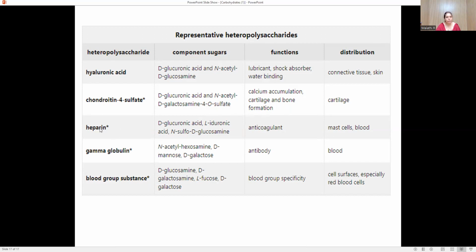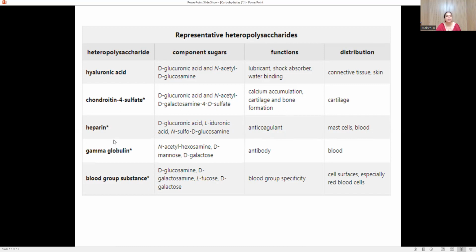And the third heteropolysaccharide is heparin, which is composed of D-glucuronic acid, L-iduronic acid, and L-sulfo-D-glucosamine. So these are the three monosaccharide units present in the structure of heparin. Of course, it will be present in blood as well as in the mast cell, and this will be used as an anticoagulant.